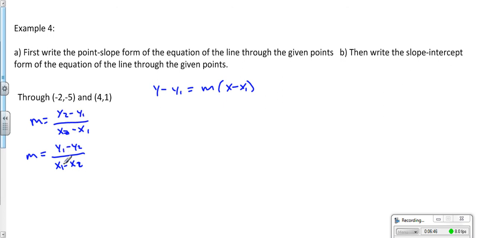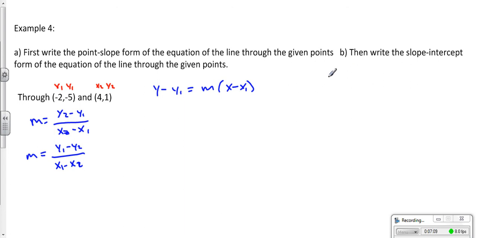I've not been convinced of any reason why we have to do one way or the other. As long as they're the same, then I'll take either way. So you just have to be careful about order. Let's call this x1, y1, x2, y2.